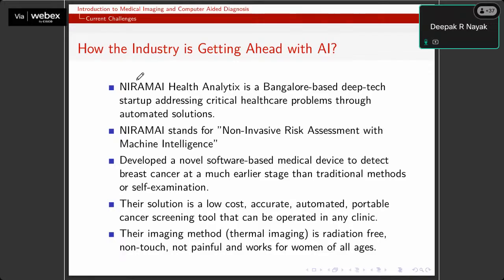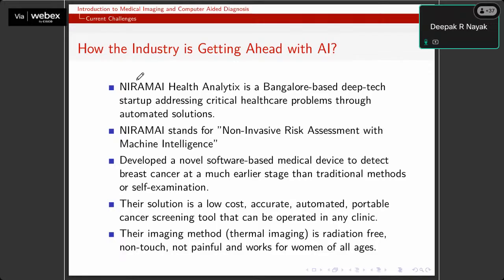You can go through their profile and check how they are developing deep learning based algorithms to detect breast cancer via thermal imaging, which is a radiation-free, non-touch procedure, right? They have also developed a low-cost solution, and they are sending their vans to many villages to screen for breast cancer. So really, it's an interesting task.